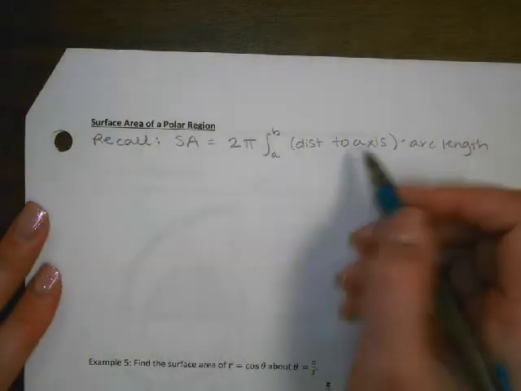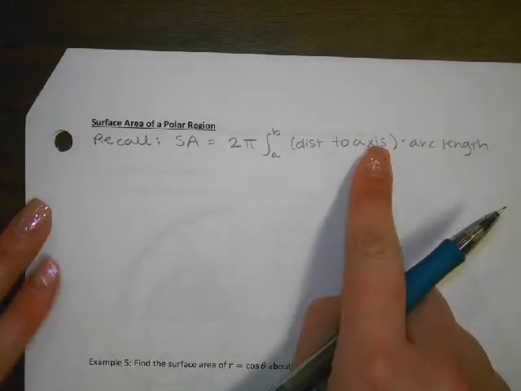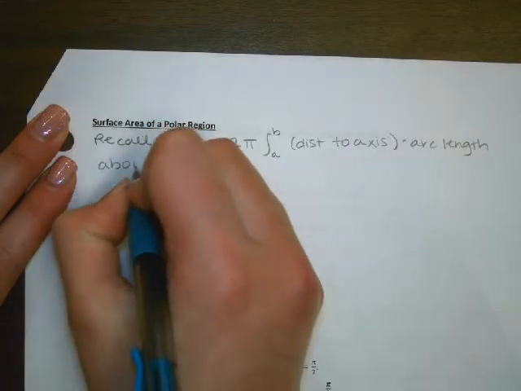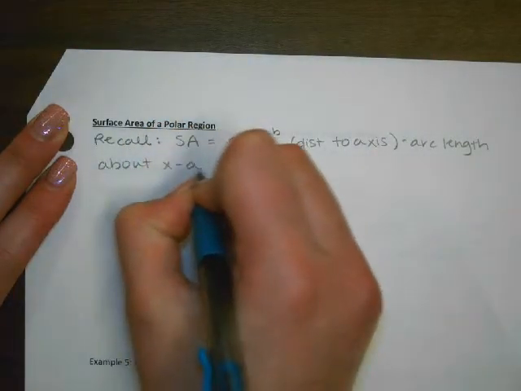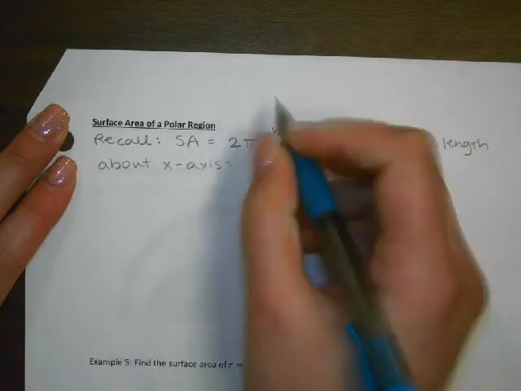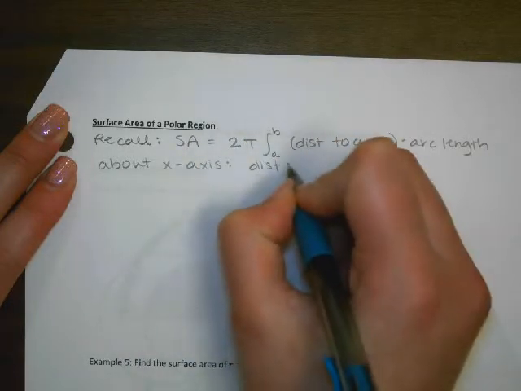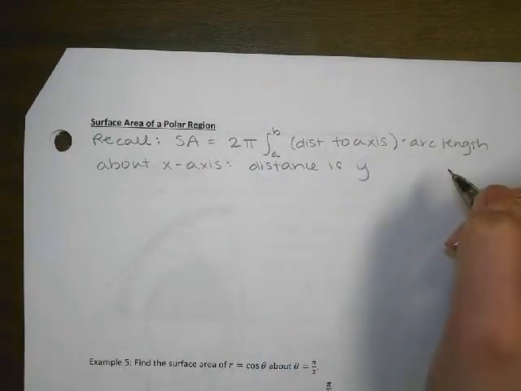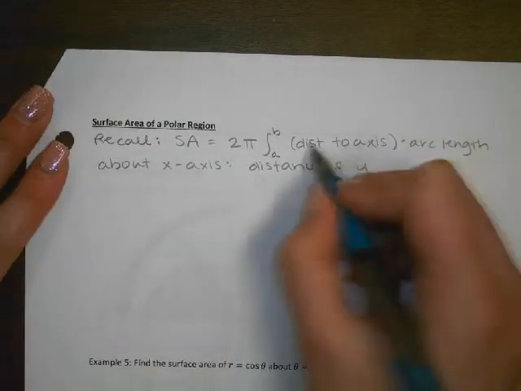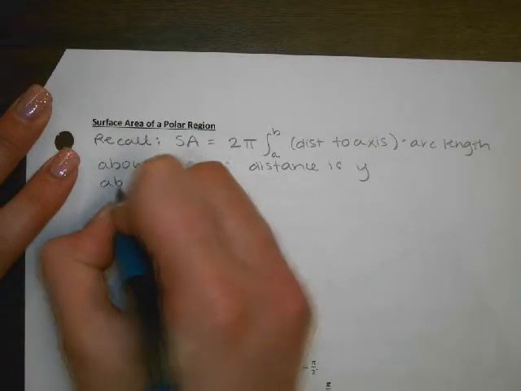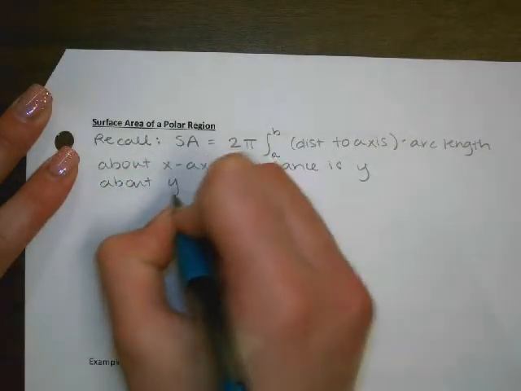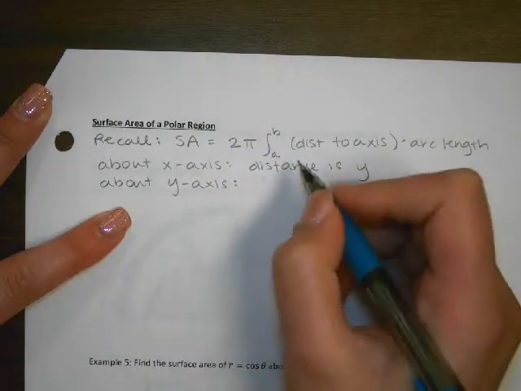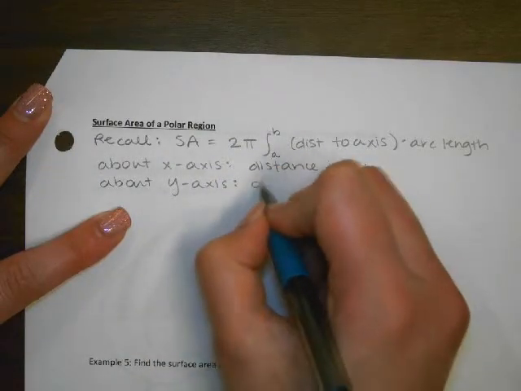To figure out the distance to the axis, if you were rotating about the x-axis, then the distance was y, whatever the function was, y equals something, and we would plug the function in right there. If we were rotating about the y-axis, then the distance to the y-axis was the x value.